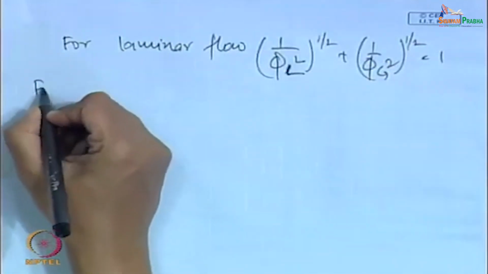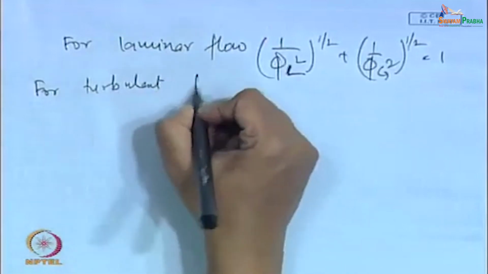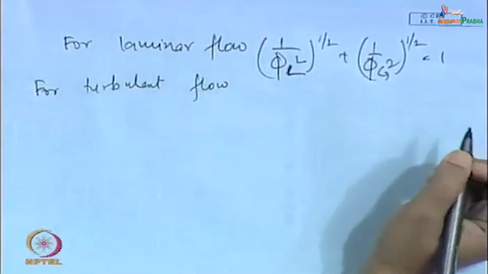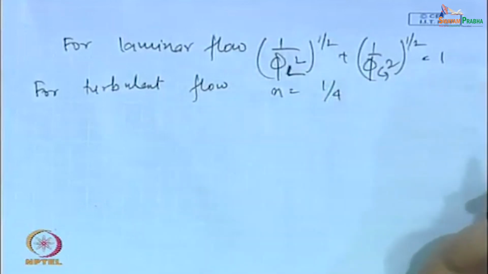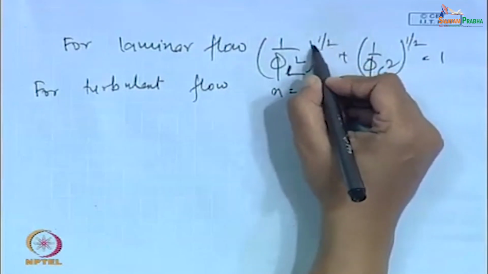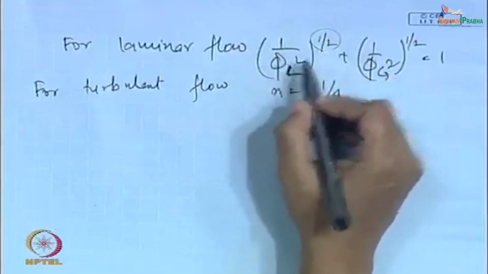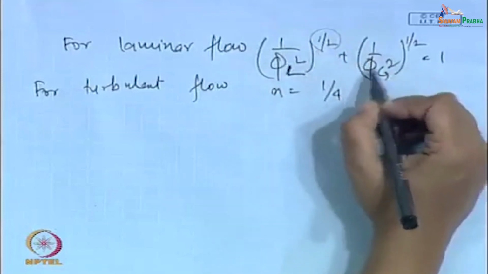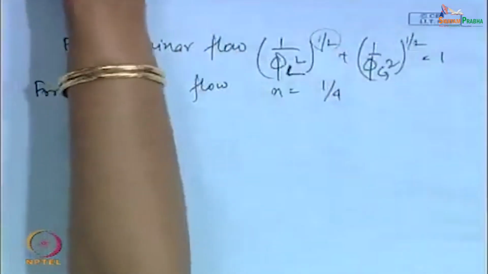And for turbulent flow, we have to find out n equals 1/4, isn't it? So, there we have to find out what will be this particular coefficient such that (1 by phi L square) whole to the power something plus (1 by phi g square) whole to the power something comes to be equal to 1.